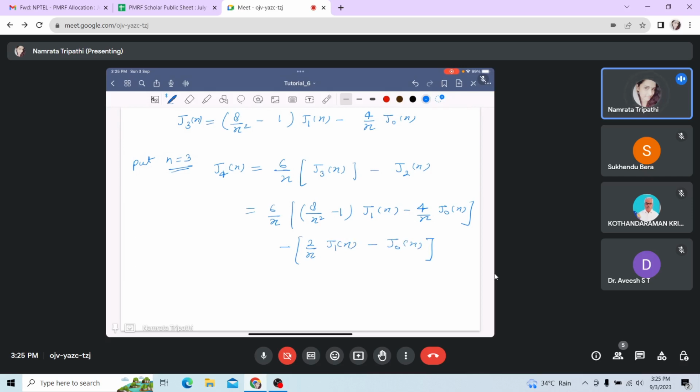So you can simplify. You can multiply by minus. After multiplying this and taking this, you will get minus 8 by x.